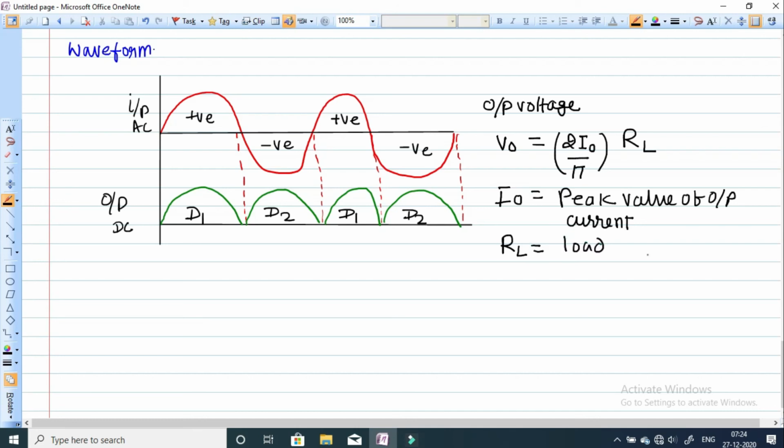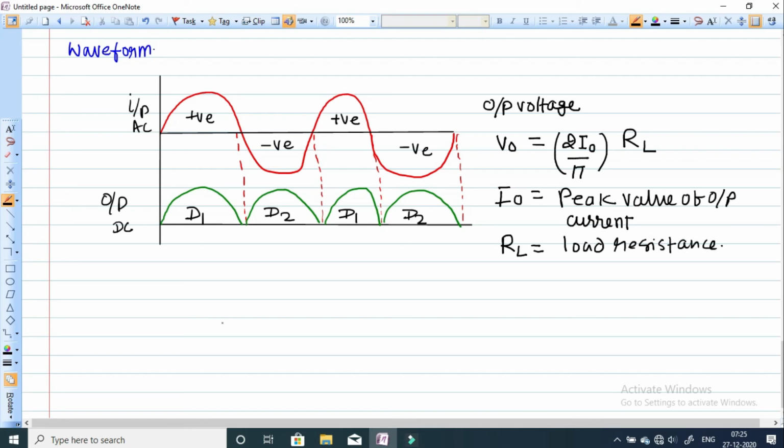This value we can easily calculate. This is the simple formula of output voltage: V naught is equal to 2 I naught by pi into RL. Basically we can calculate the average value during the positive half cycle.